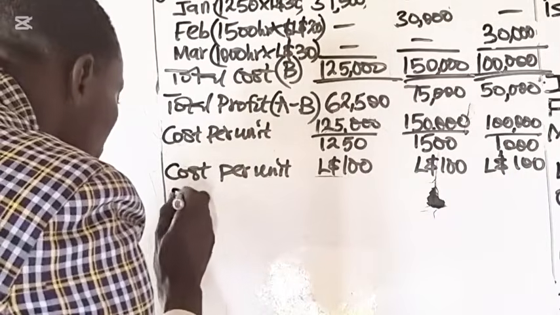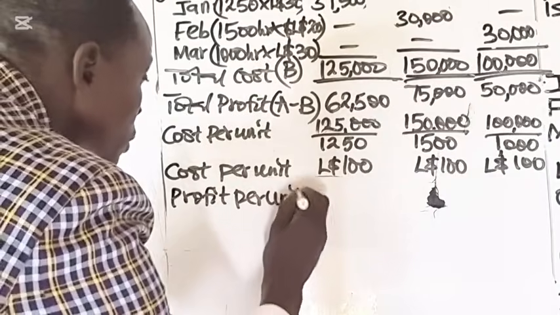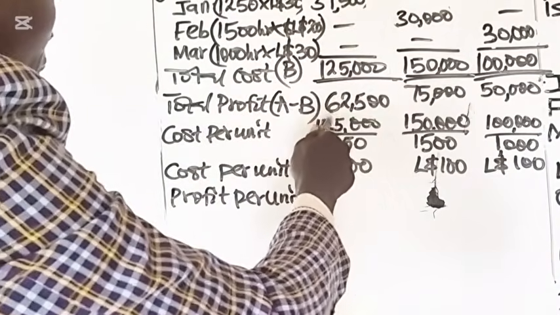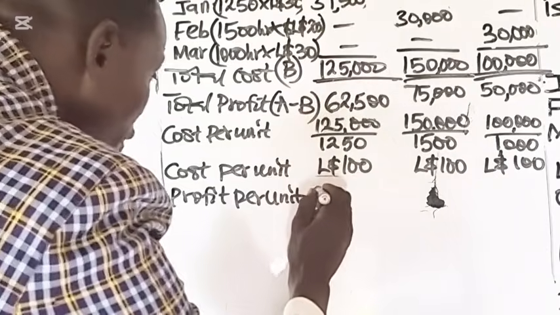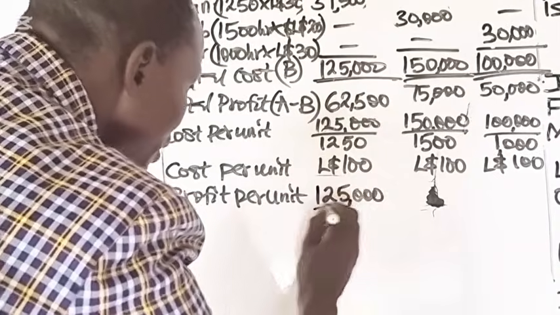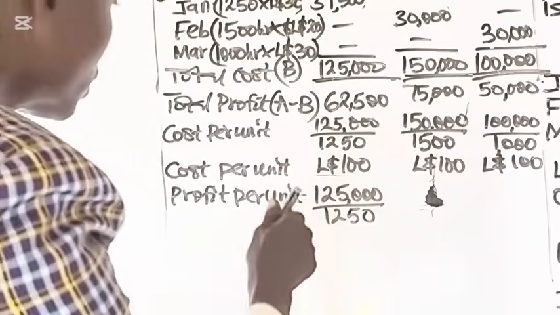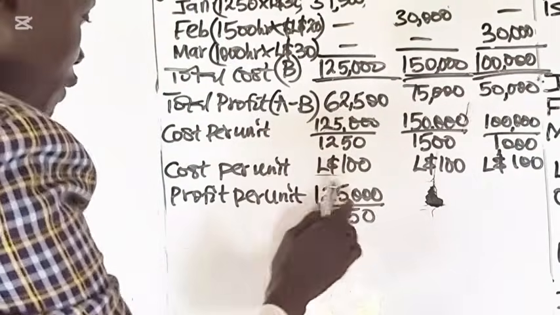Profit per unit, that will be the total profit. Sorry, the total profit is 62,500 divided by batch output of 1,250.